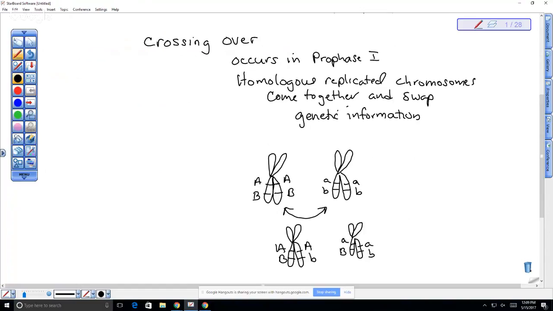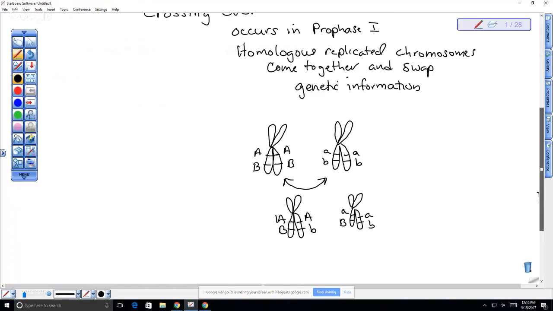Okay. And so what this does is it allows for more genetic variation because the genes can move around between chromosomes. Now the problem here is that this could lead to bad things happening like mutations. So the cost would be mutations.